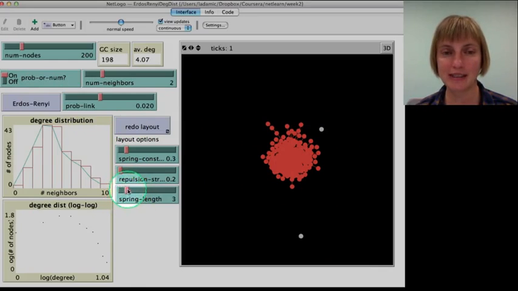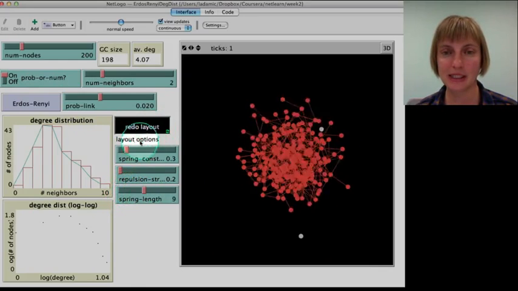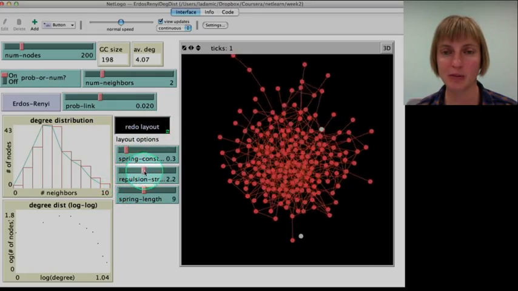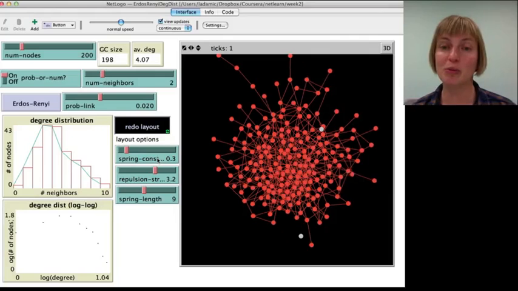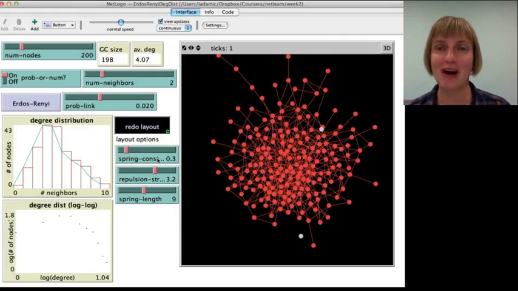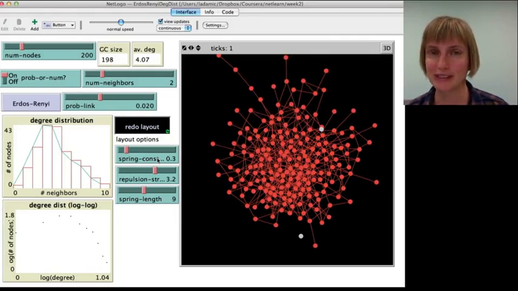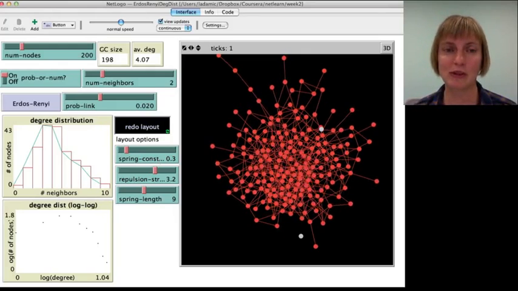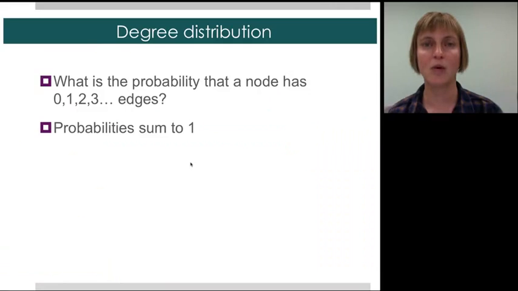You can try and tease this apart a little bit by adjusting the spring length and upping the repulsion force, just to see a little bit more of the internal structure. However, these Erdős-Rényi random graphs, once they're dense enough, really do look like hairballs. What the degree distribution tells us is how evenly distributed the edges are among the nodes.